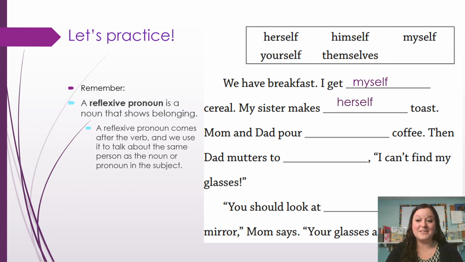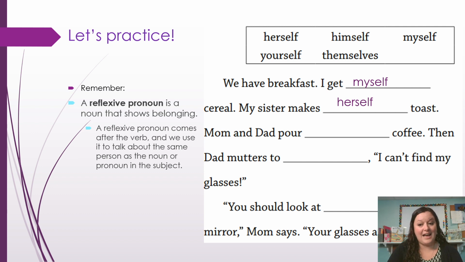Did you think herself would fit? Let's read it and see if it makes sense. My sister makes herself toast. You've got it. That fits in very nicely. Herself is talking about one girl or woman, my sister.